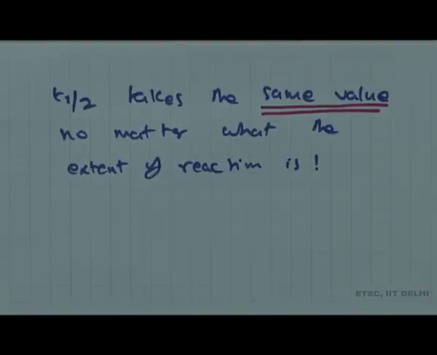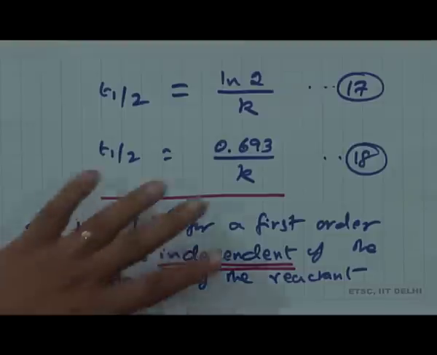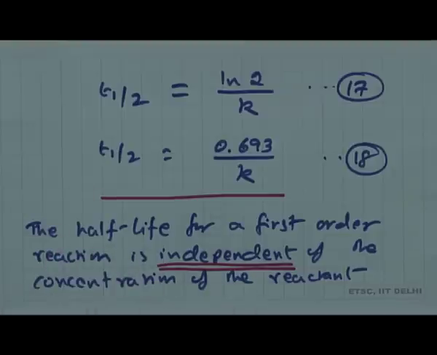All of these T halves have exactly the same value. Why? Because based on what you have derived, it has no dependence on the concentration of the reactant, rather it is a constant which is given by 0.693 by k. Again 0.693 is a constant, k being of that reaction is always a constant. So, T half is a constant.